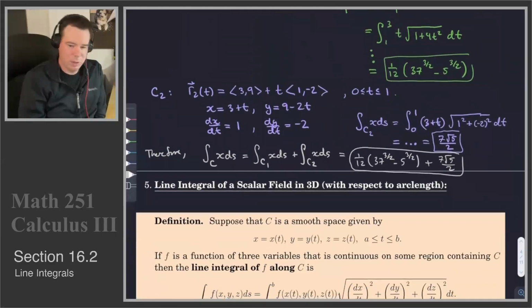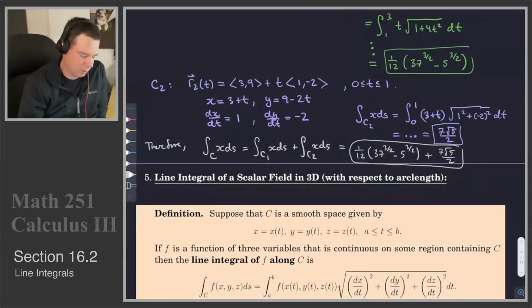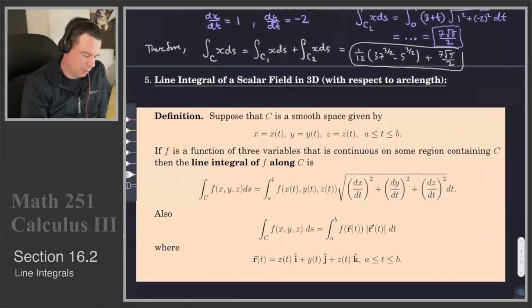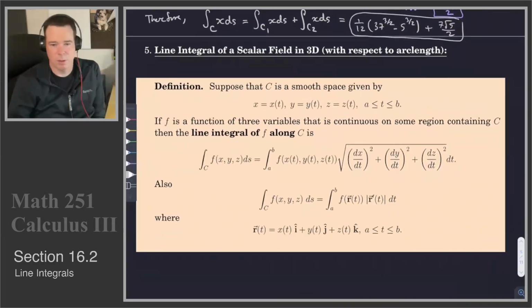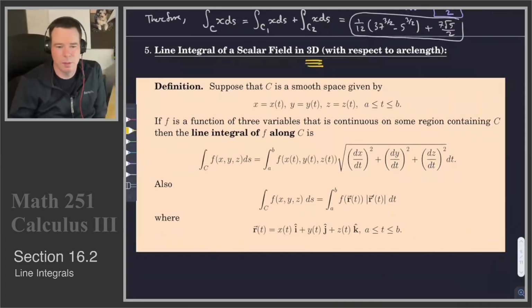Now there's no reason we need to stop in 2 dimensions for our integration along space curves with respect to arc length. We can carry these same ideas up into 3D. In this case, we just need to know a parameterization for our space curve in 3D.